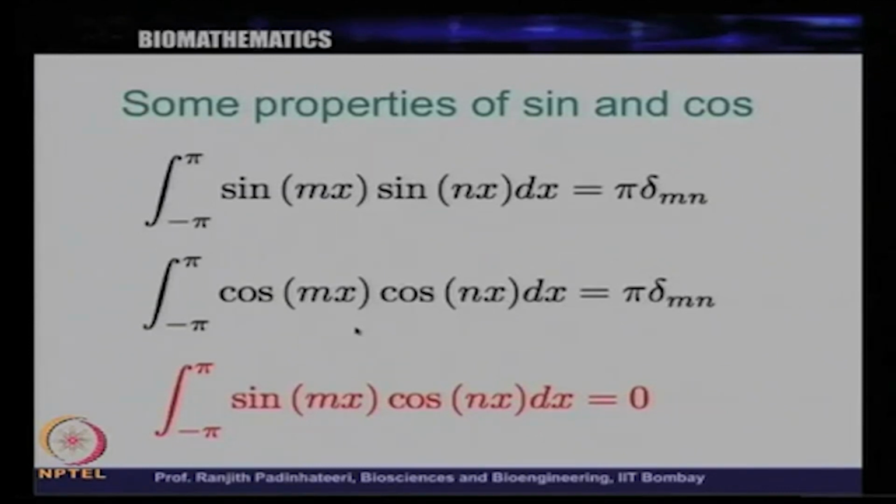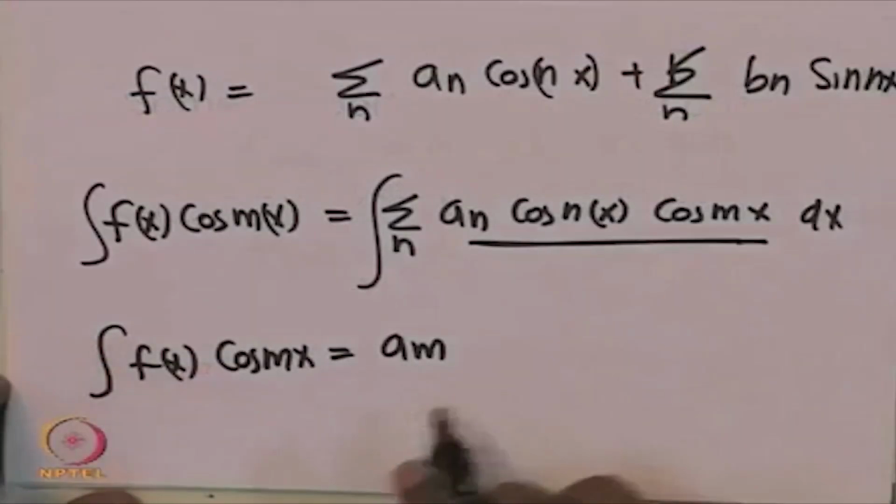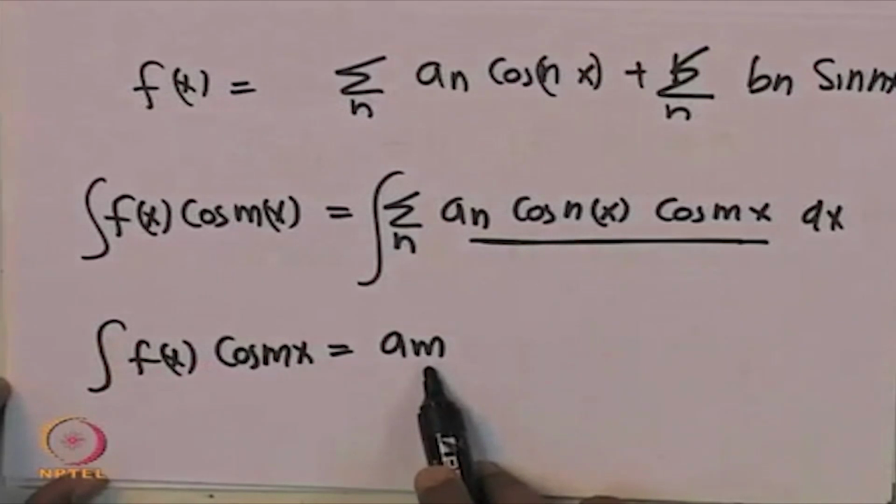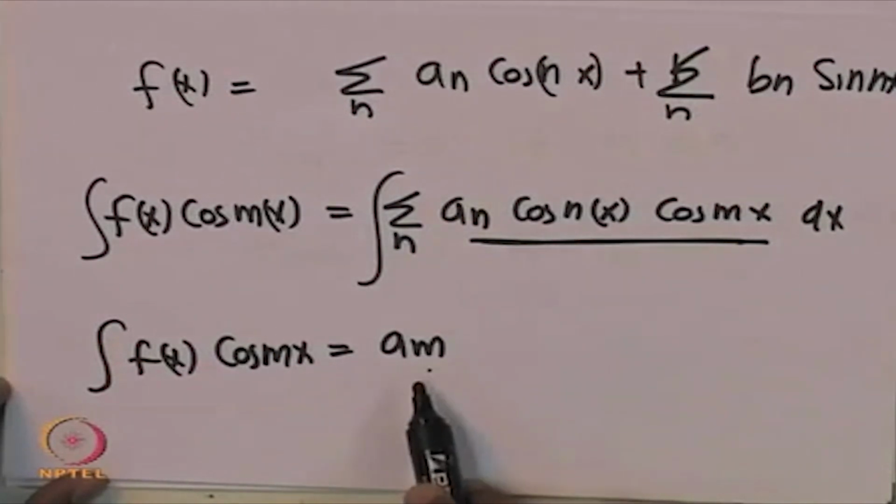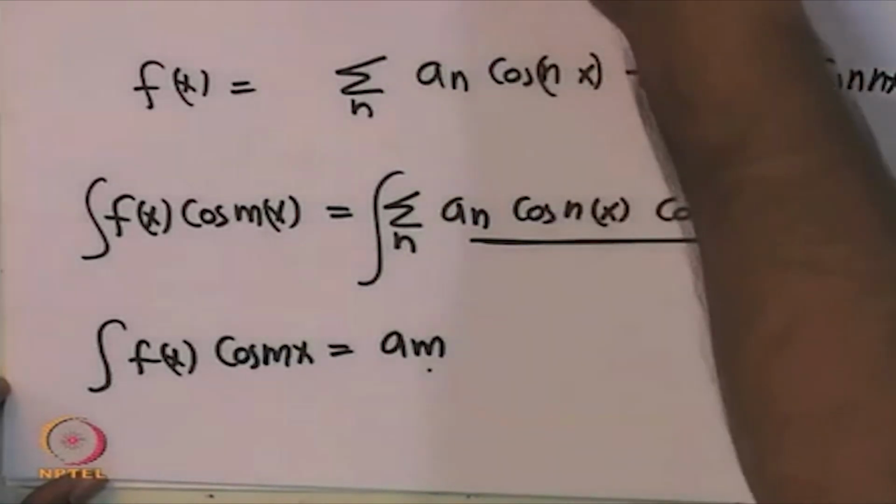Then you get what you have written here: the integral of f(x) cos mx is equal to a_m. Similarly, if you multiply with sine, let us look at sine.